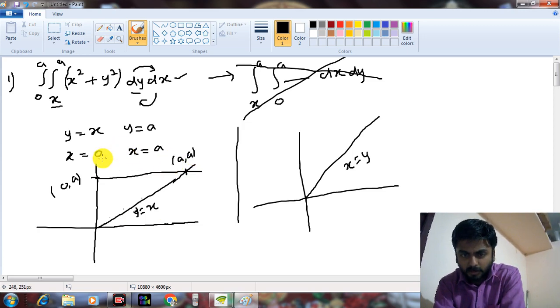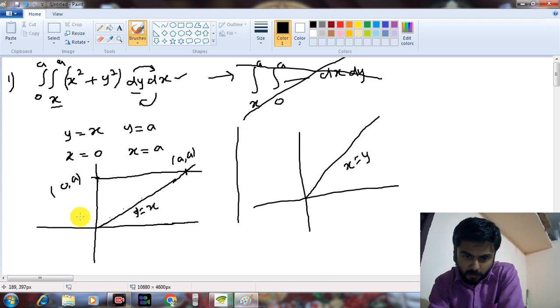Our next equation is x equal to 0. So x equal to 0 is on the y axis. This is our y axis. At the y axis, x equal to 0.